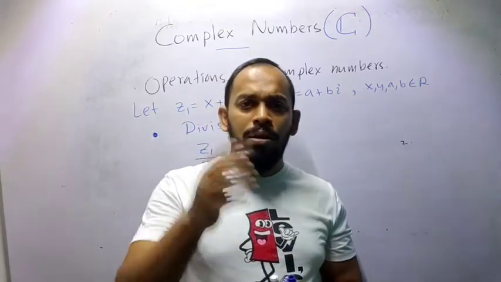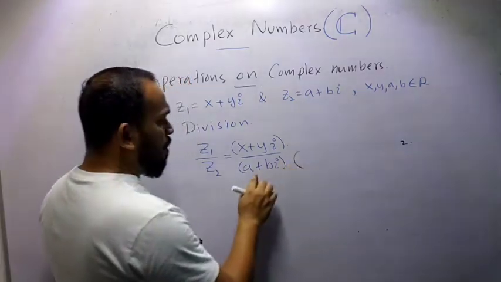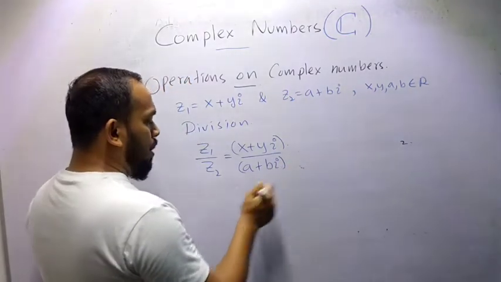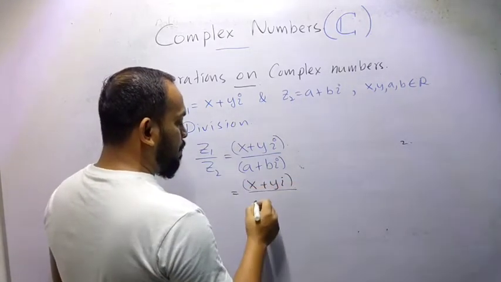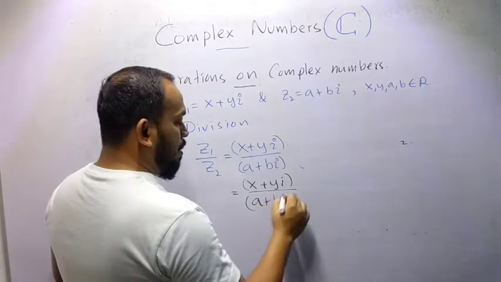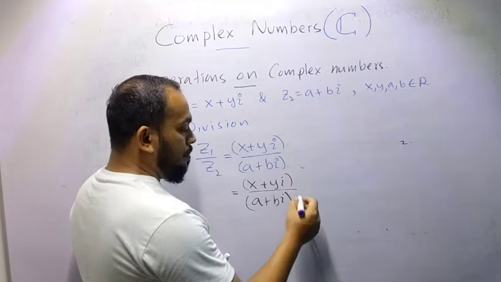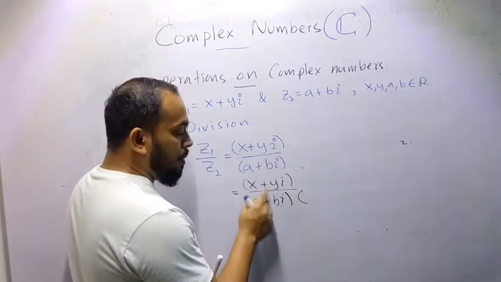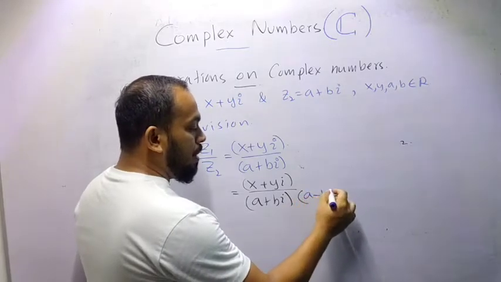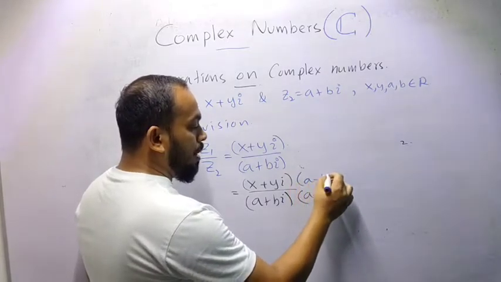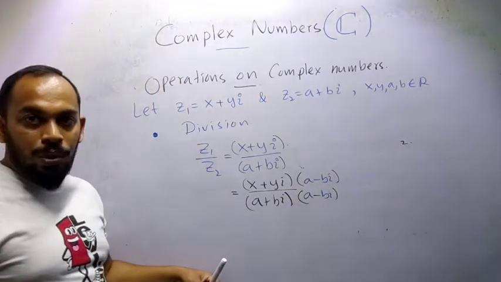That's how you get rid of the imaginary part. So I'm going to multiply both top and bottom by the conjugate of the denominator, not this number, the conjugate of the denominator. So a minus bi, a minus bi. Whatever you do to the denominator has to be done to the numerator as well.